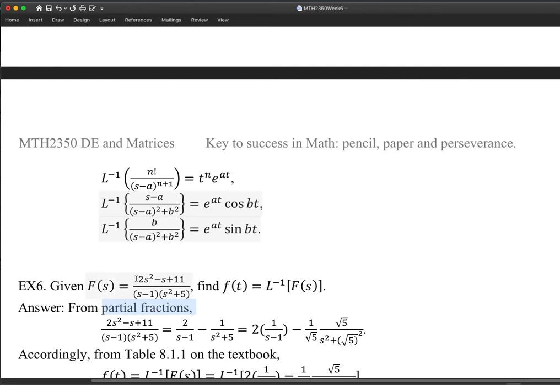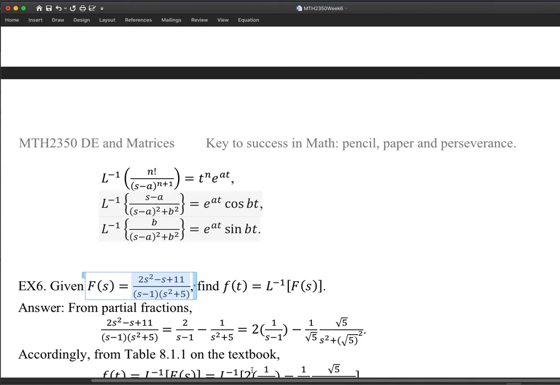This bigger fraction can be separated into two fractions. If I go through the details of partial fractions, it will take another class or two, so I'm going to skip the discussion of partial fractions. If needed, do let me know, and we'll try to find some time just to discuss partial fractions.